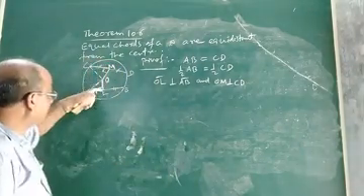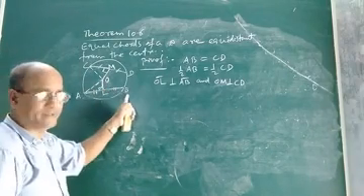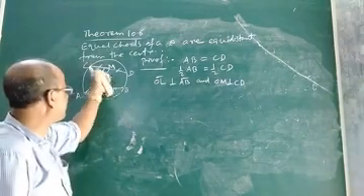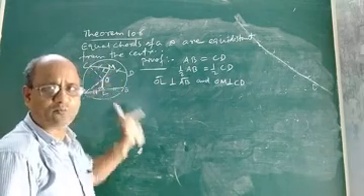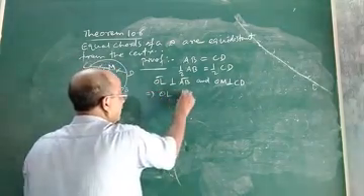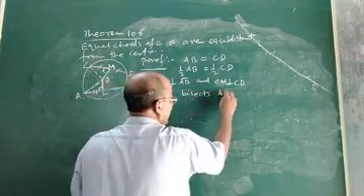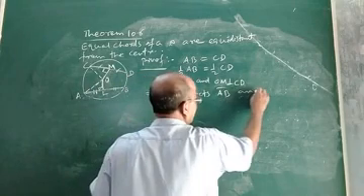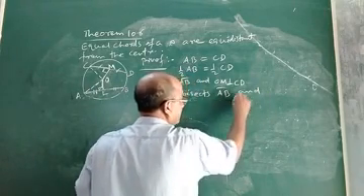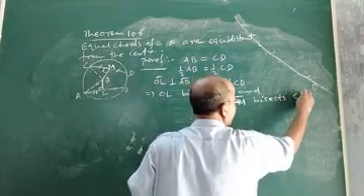So if OL is perpendicular to AB, then no doubt OL will bisect AB. Similarly, OM is perpendicular to CD, so OM will bisect CD. This implies OL bisects AB and OM bisects CD.